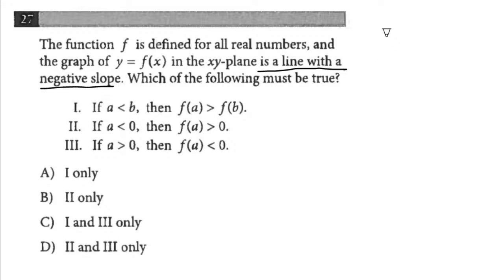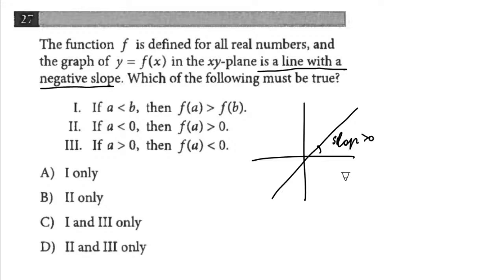Let's first figure out what kind of graph we will have. We know that the basic line is this, but this line has a positive slope, so the slope is more than 0. If we want a negative slope, it's going to be something like this, meaning that while x increases, the y value decreases.